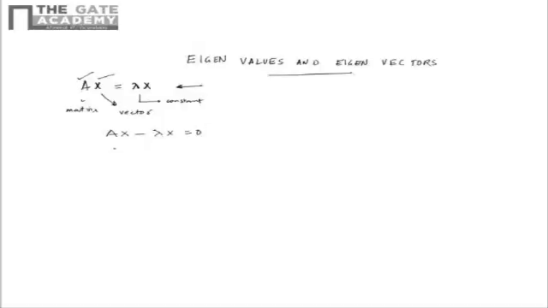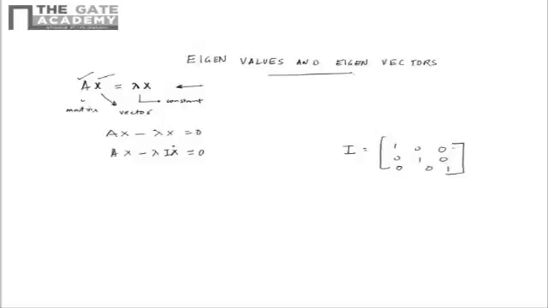The term lambda x can be written as lambda I x, where I is the identity matrix, 1 0 0, 0 1 0, 0 0 1. When you multiply this matrix with any vector, you get the same vector. So I am just writing it in that way.